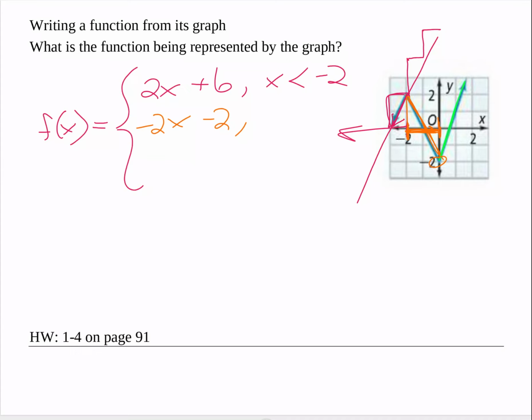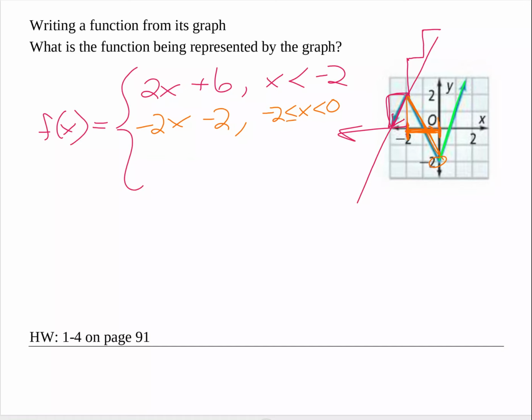Now, previously, we've seen how to write that. We have -2 where it starts, 0 where it stops, x coordinates between -2 and 0. We put less than symbols like that. All we have to do now is make sure that we're including the numbers that need to be included. We did not include -2 on the first piece, so we have to include -2 on this piece.